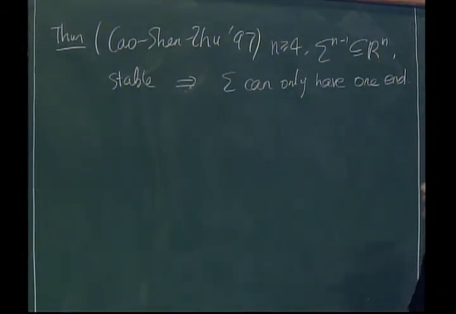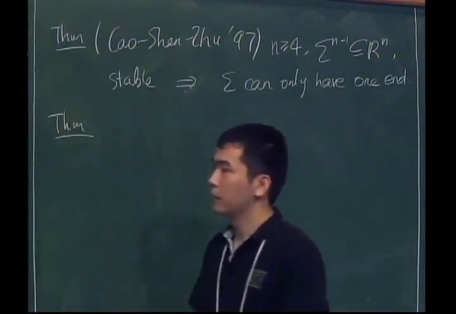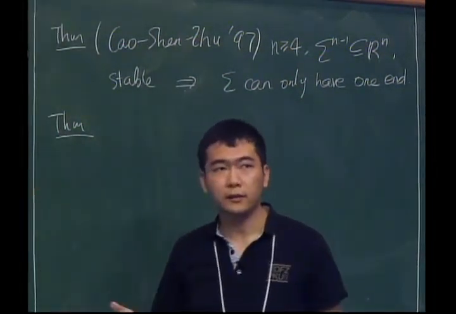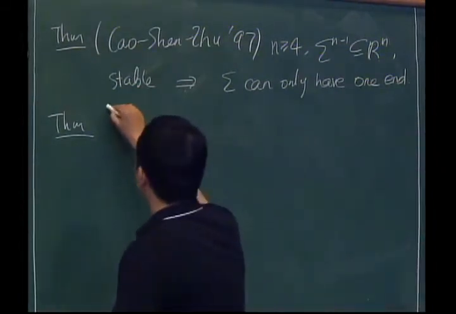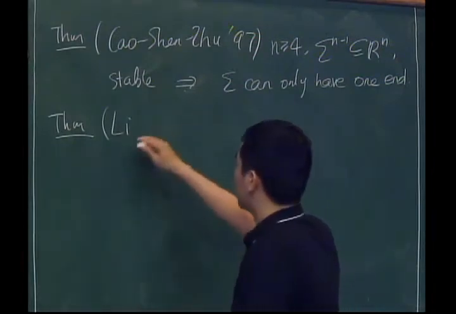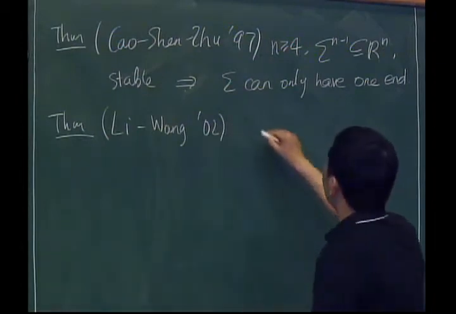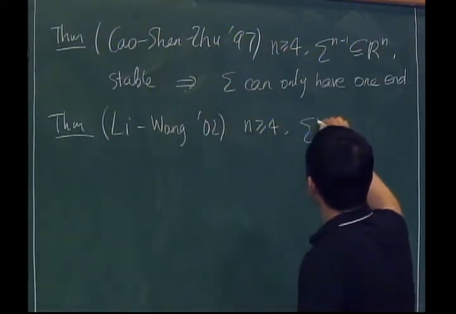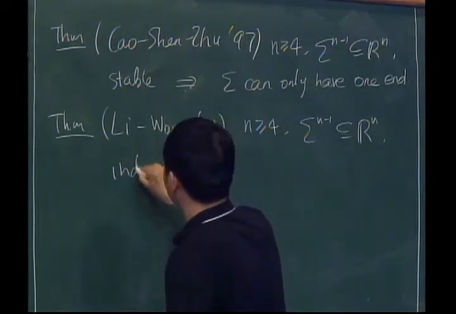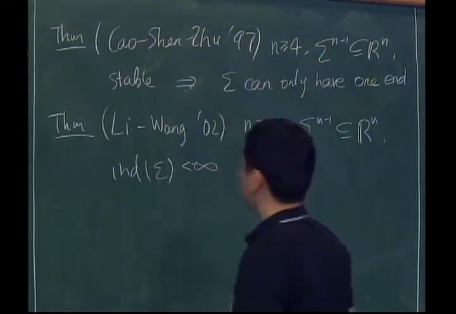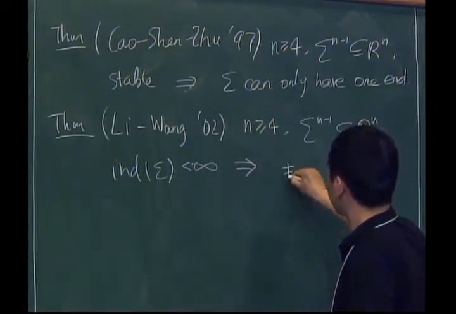And what about the positive index case? Well, that question is more difficult because, for one thing, we don't know any explicit example such as Costa surfaces or Jorge-Meeks surfaces to begin with, but nevertheless, it was proved by Peter Li and Jiaping Wang in 2002 that if you have a higher dimensional minimal hypersurface with finite index, then the number of ends is also finite.